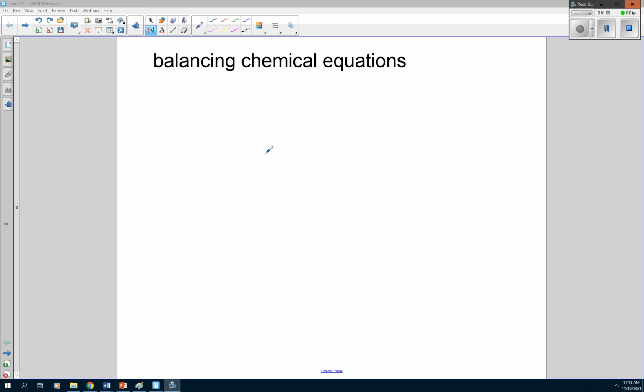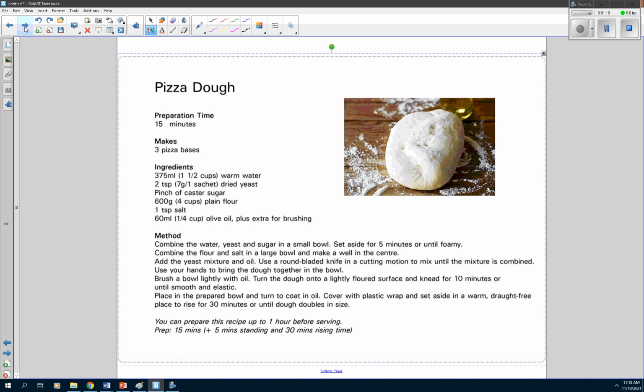Okay, so essentially a chemical reaction is nothing more than a recipe, what I like to call a chemical recipe. And you might have a box of 3x5 cards in your kitchen with recipes on them. And this is a recipe for pizza dough that I found somewhere, and it's got ingredients, and chemical reactions also have ingredients.